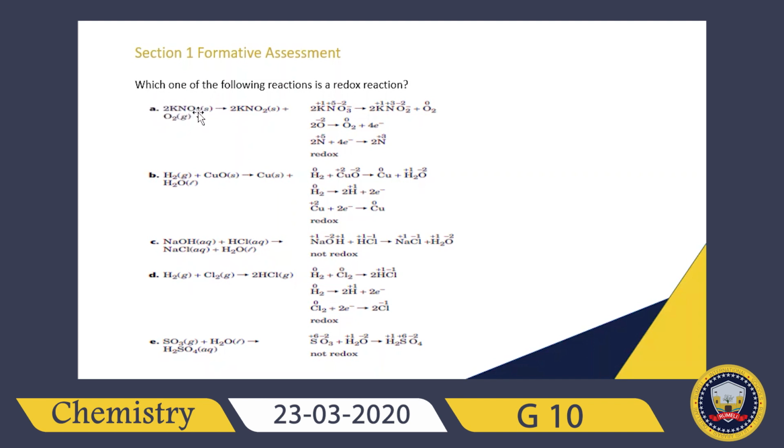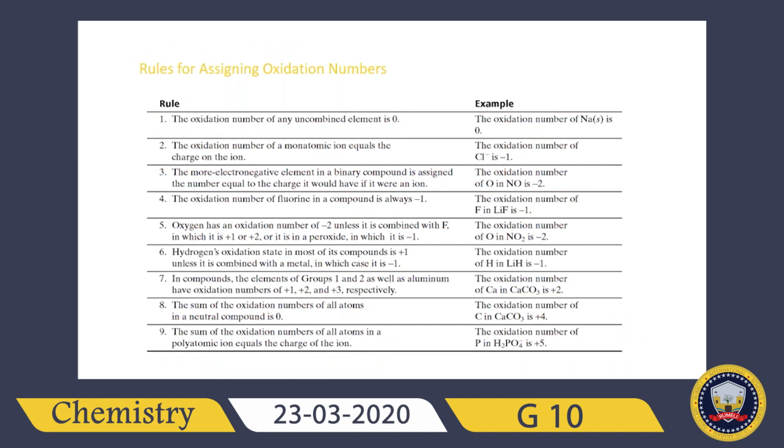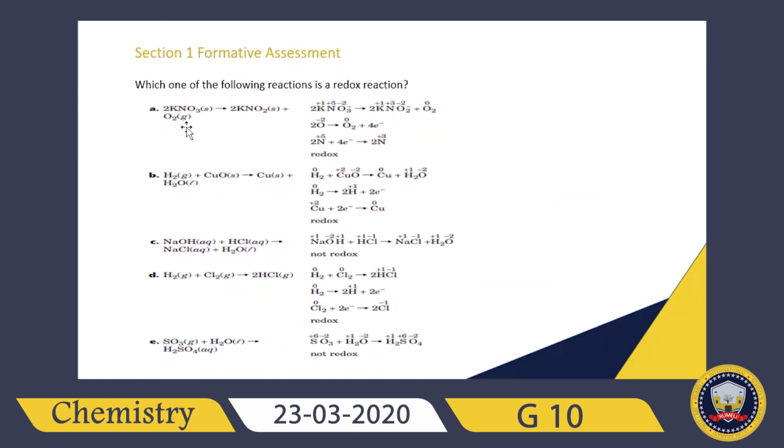So -6 plus 1 gives an oxidation number of positive 5 for nitrogen. So now we have the oxidation numbers of all 3 atoms: potassium is positive 1 because it belongs to group number 1, oxygen is -2, and we calculated nitrogen's oxidation number, which is 5.